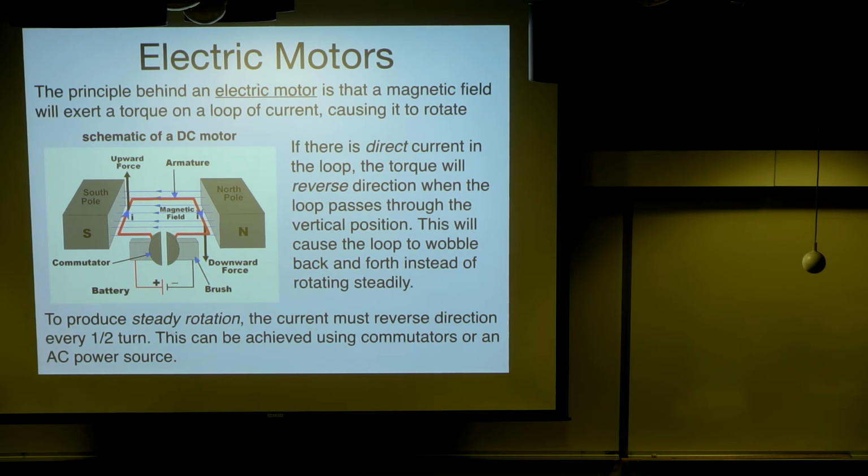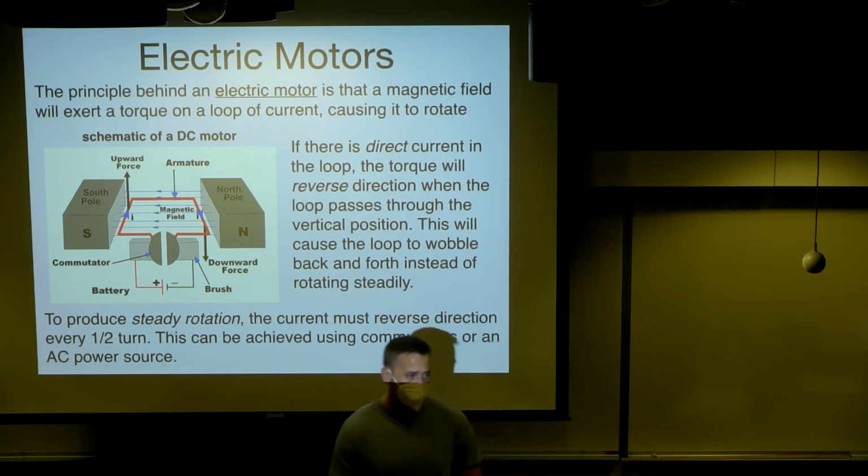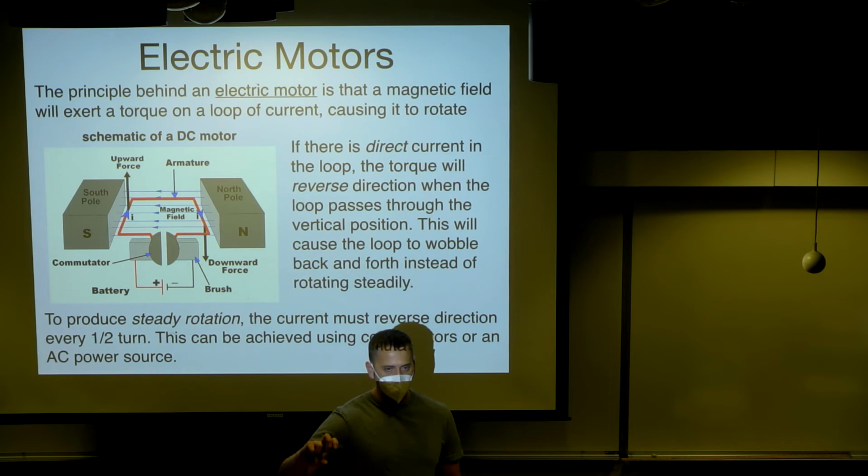Now, big picture, what is the physics principle behind the electric motor? Why is it that electric motors work in the first place? It's because if you have a magnetic field and you put a loop of current inside of that magnetic field, as we've just seen, the magnetic field exerts a torque on that loop.